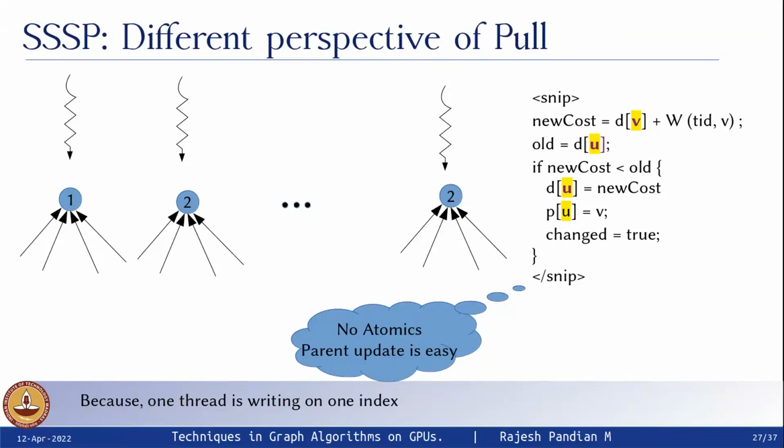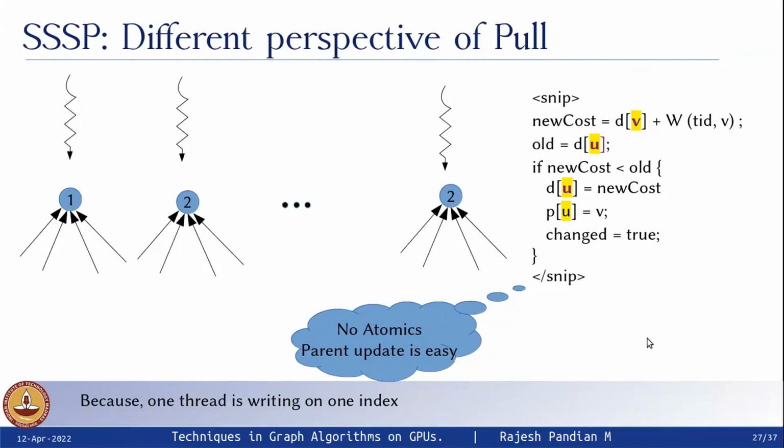Whereas in the pull approach for SSSP, we can update the parent very easily, because there is only one thread writing at a particular index, right? The overhead of atomics is removed here, and parent update is also easy.